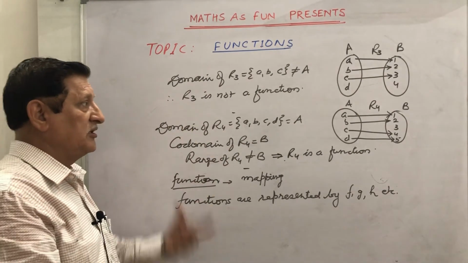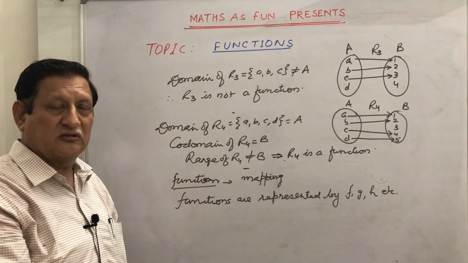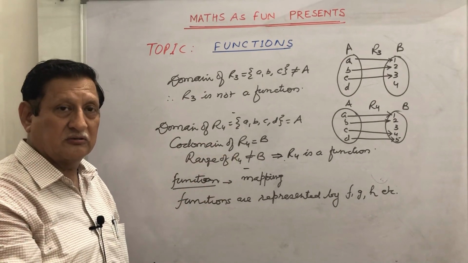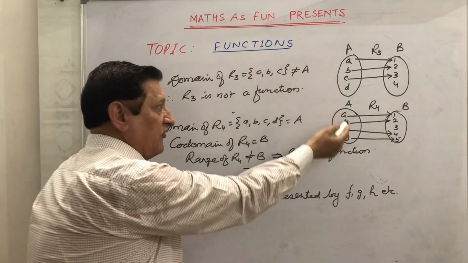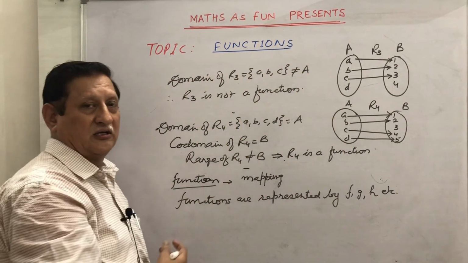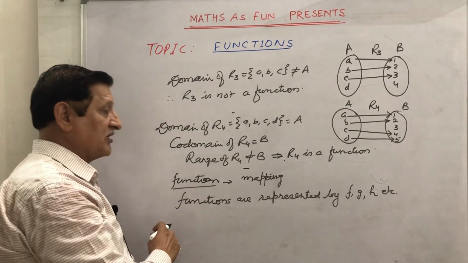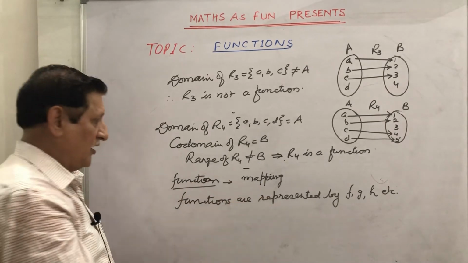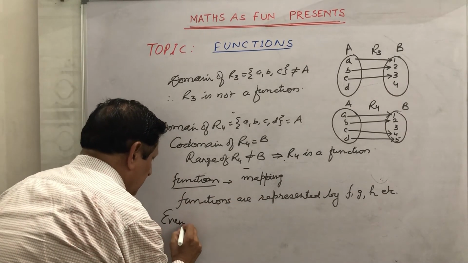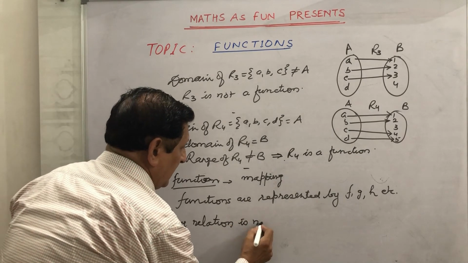Then what is the relation between relation and function? How can we say a relation is a function or not, a function is a relation or not? We have learnt that some of the relations are functions. So can we say that every relation is a function? No. Every relation is not a function.